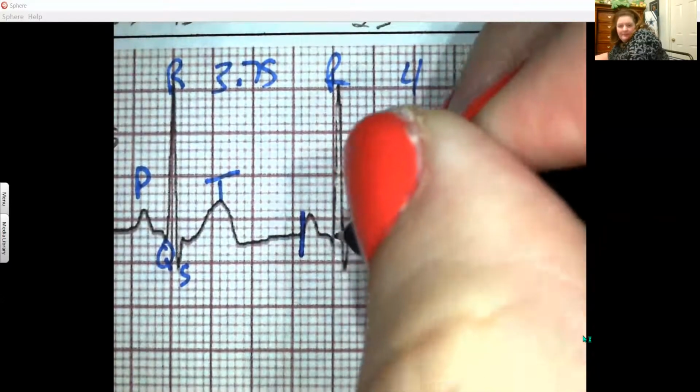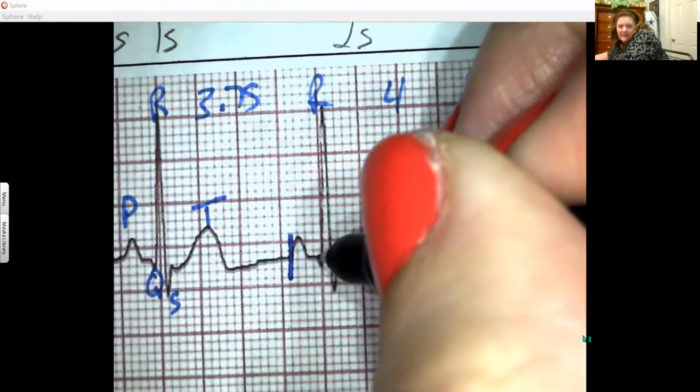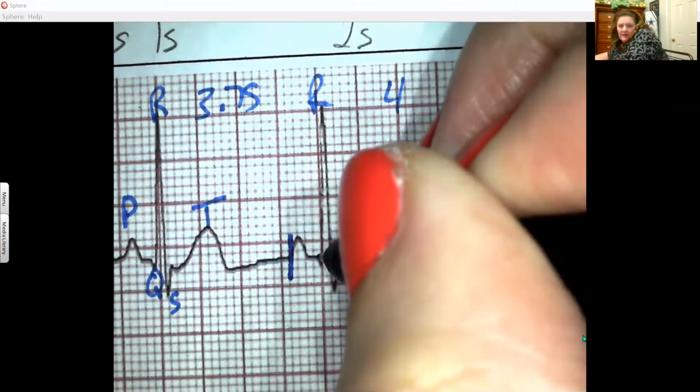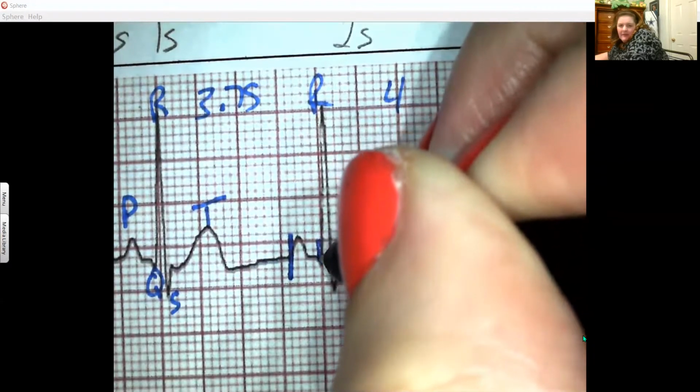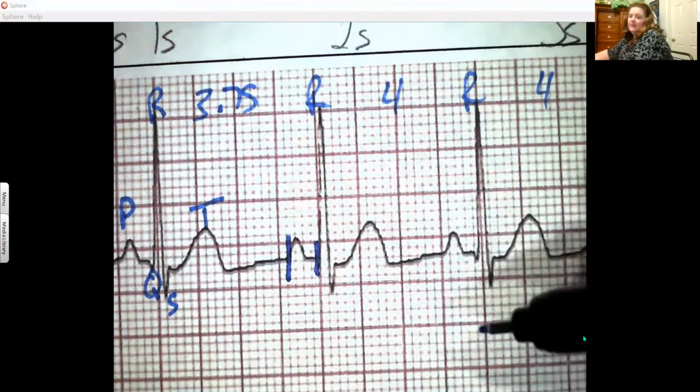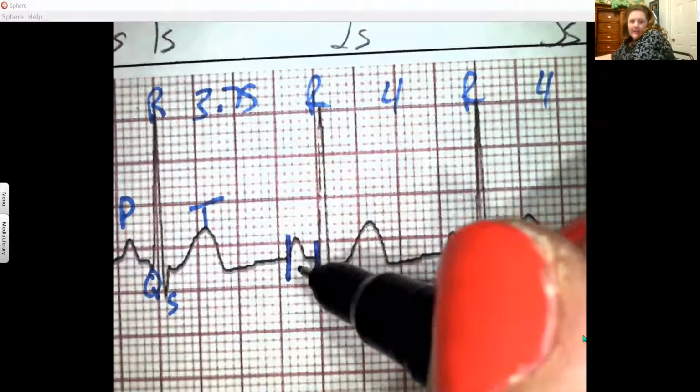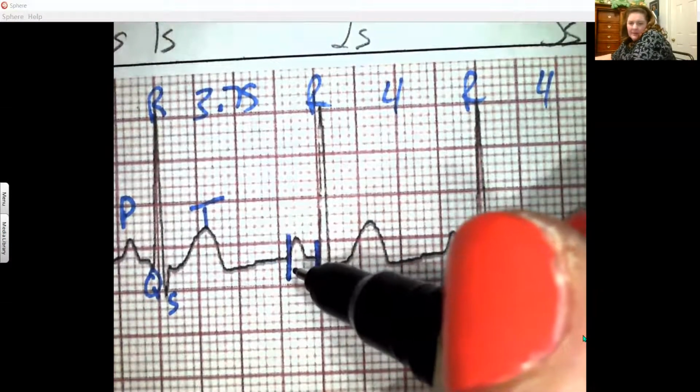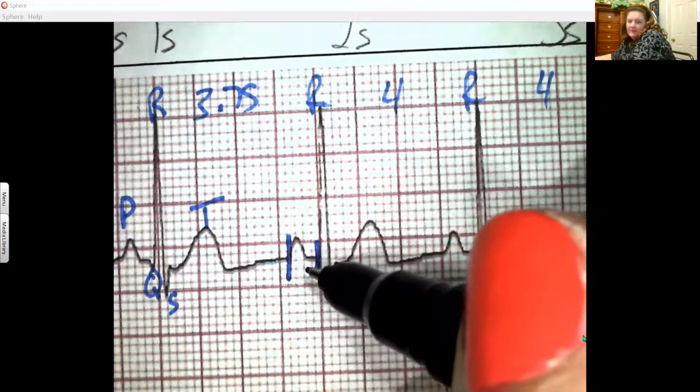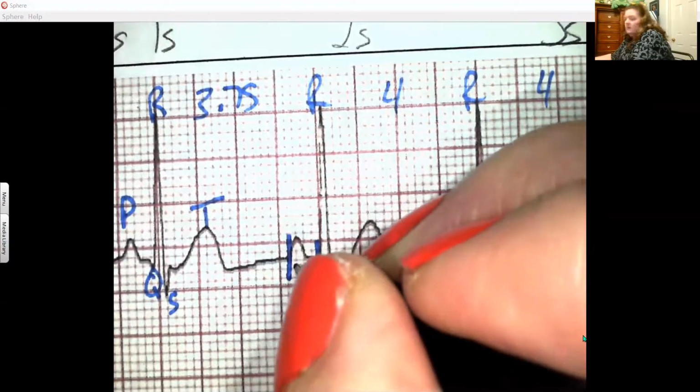So again, tiny little spot here, right beside that peak or valley. And I'm going to count my spaces in between. 1, 2, 3, about 4, it looks like.